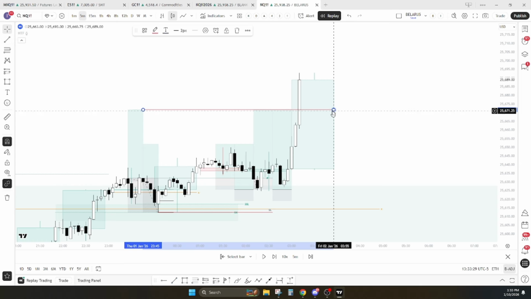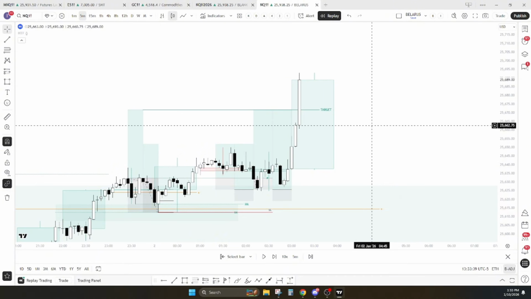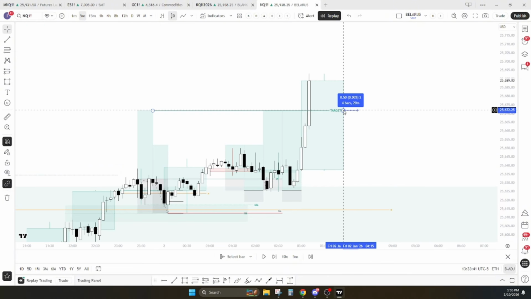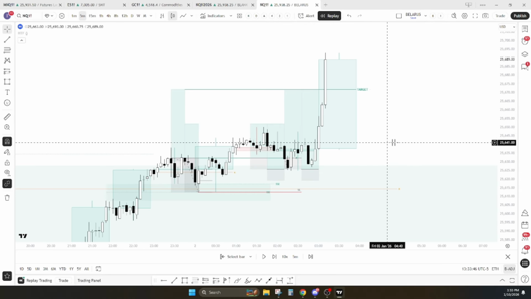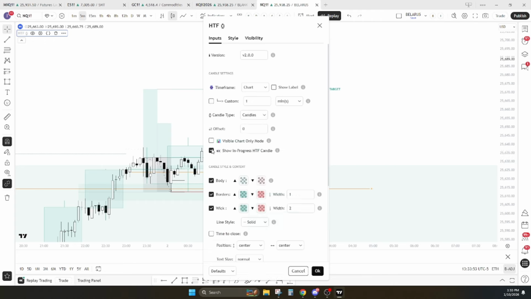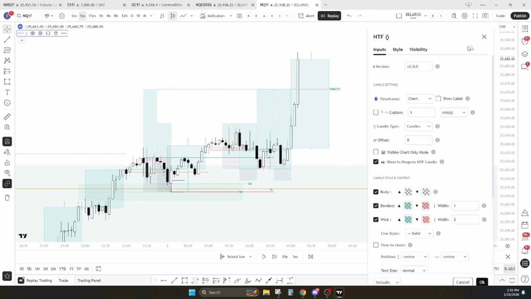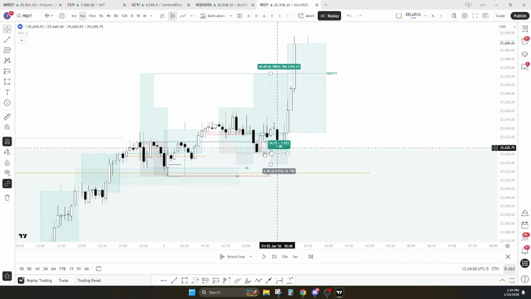Is it the higher time frame candles that are killing you, or is it the multiple positions? I think if you change the template color, because your risk to reward template is matching the color of the hourly candle, that's why it's a little messy. Dude, that's a good point. Okay, let me change. Do I change the risk to reward, or do I change the higher time frame candles? No, the risk to reward.